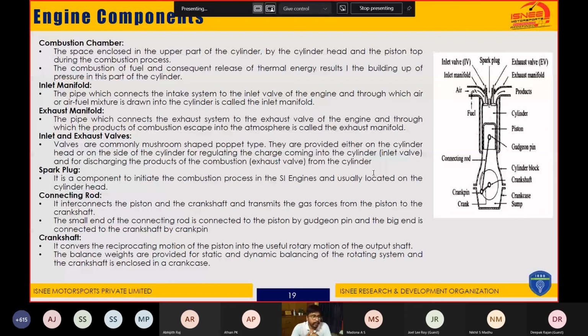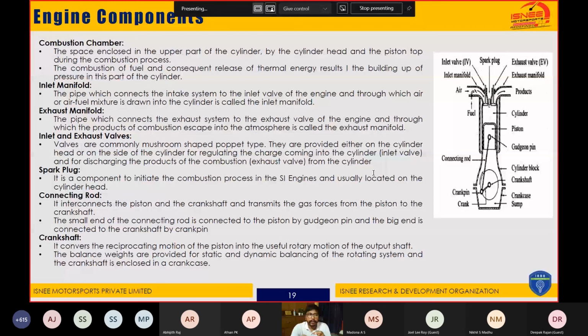Inlet and exhaust valves. In order to let the air or fuel mixture come inside, and in order to let the exhaust gases or emission gases go out of the engine, there are some valves. Those valves are known as the inlet and exhaust valves. These are the mushroom-shaped poppet type valves, if you can see it here.